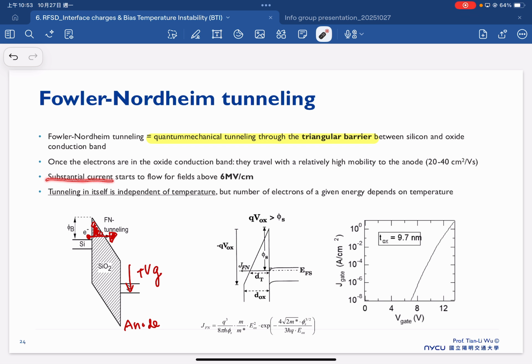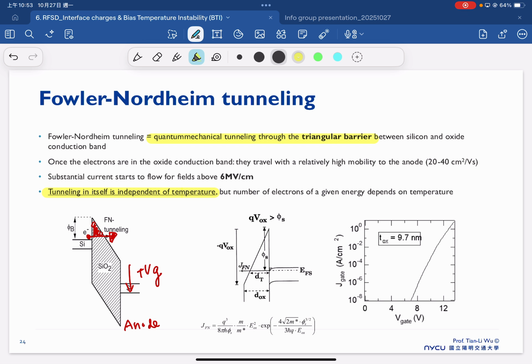The substrate current starts to flow above 6 megavolts per cm. The most important point is that this tunneling effect is independent of temperature, but only depends on the barrier height.